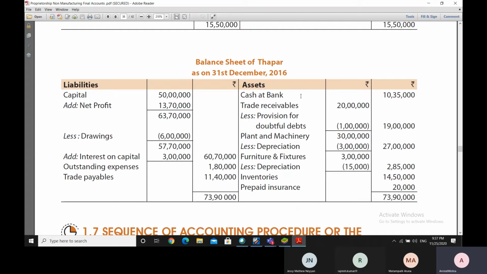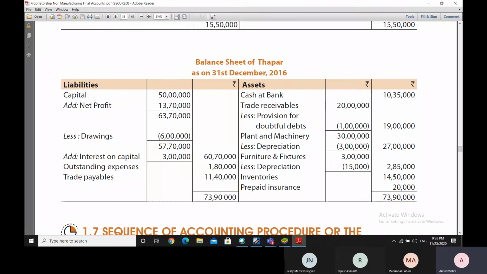Then we started with fixed assets. So trade receivables, from the trade receivables, we are supposed to reduce the provision for doubtful debts. This has to be remembered very carefully. That provision for doubtful debts has to be reduced from trade receivables, and depreciation has to be reduced from the plant and machinery or from the fixed asset, whichever it is, like furniture and fixtures.